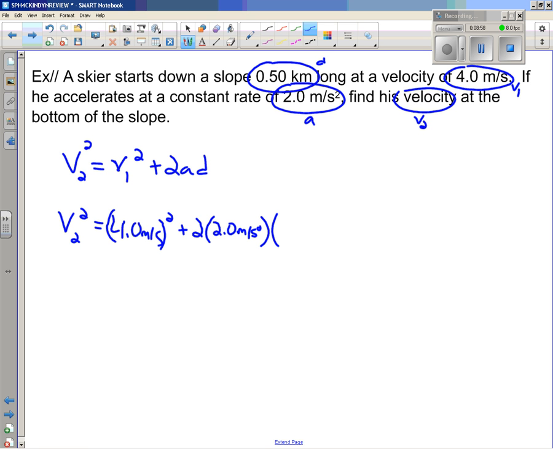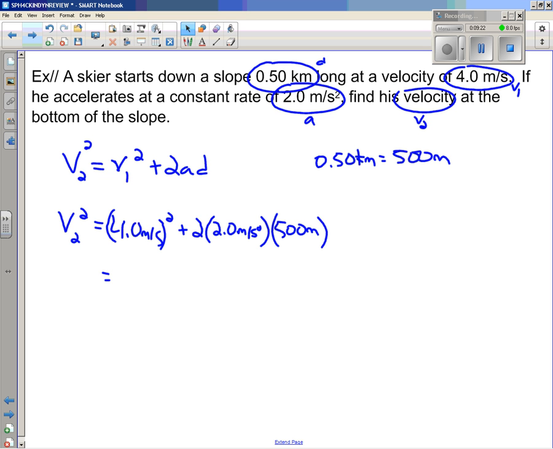Oh, now we have a problem. 0.5 kilometers. Don't put 0.5 in there because 0.50 kilometers is equal to 500 meters. That's what I'm putting in there, 500 meters. You're going to get a value, but don't forget that it's V2 squared equals that sign. So you'll need to take the square root at the end.